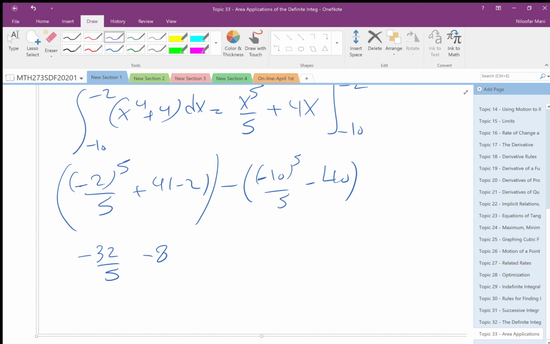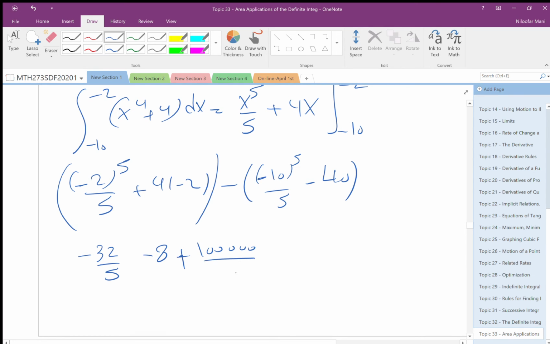So minus minus, it's plus 100,000 divided by 5, and minus minus, so it's plus 40. So 100,000 divided by 5 is 20,000, plus 40, and minus 6.4, I think. You can find the answer here, and this is unit squared.